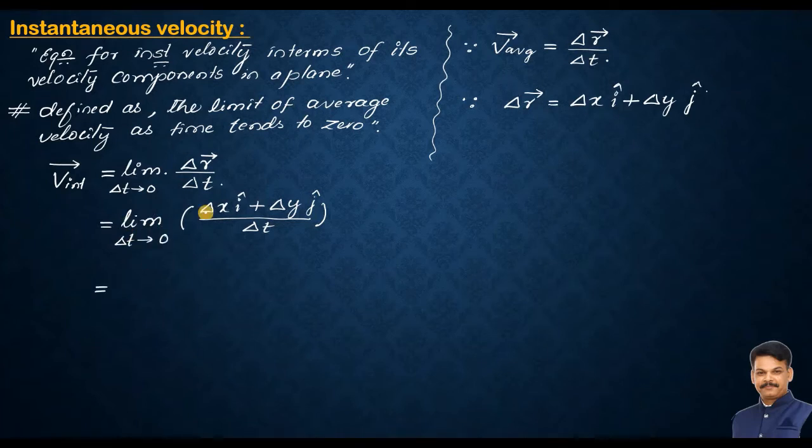Now let us apply the limit to both terms: one is delta x along the x-axis and the other is delta y along the y-axis.